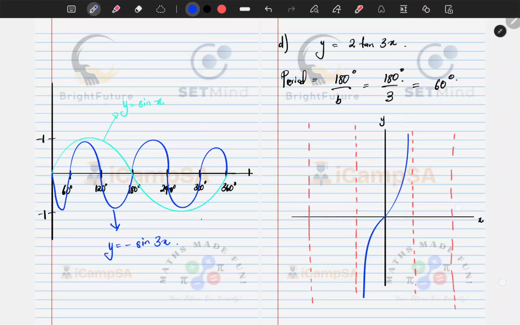Your graph will be looking like that. And then even here, it will look something like this.